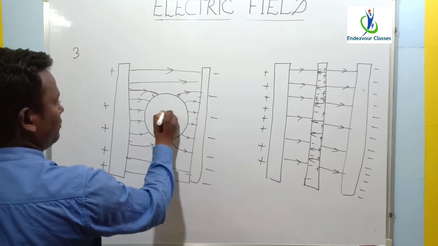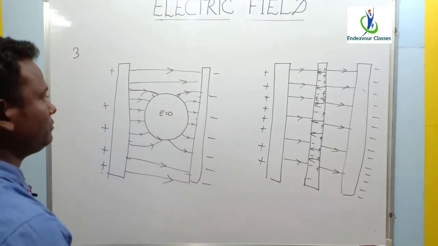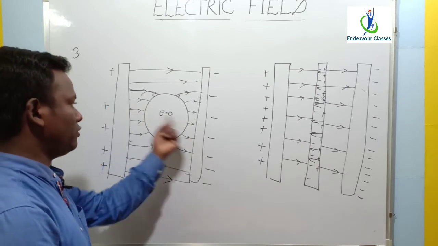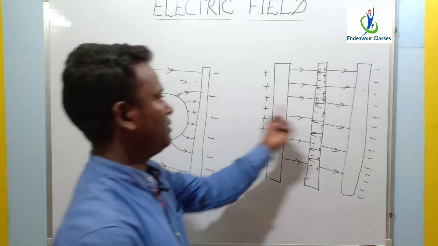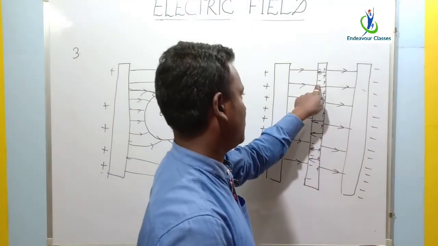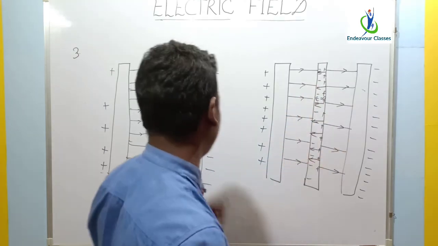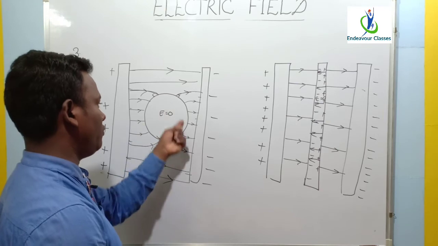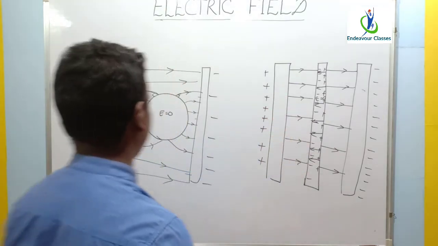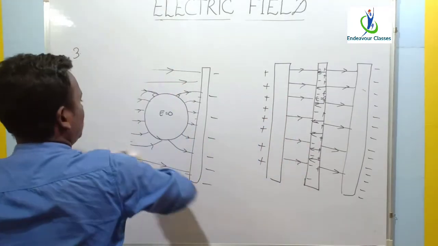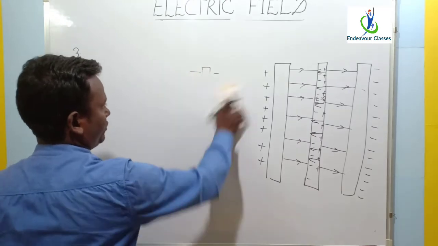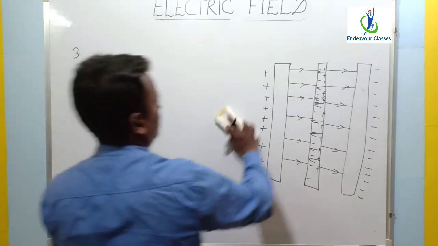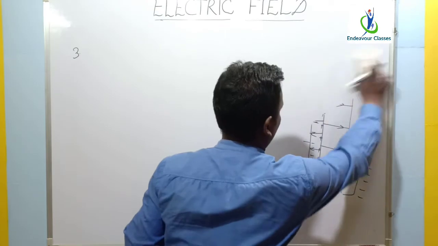And inside it the field will again be 0, and no lines of force will pass through the sphere. Here also it is the same case: no lines of force will pass through the conducting body, which represents that there is no field inside the conductor. So these are a few cases of representing the lines of force.